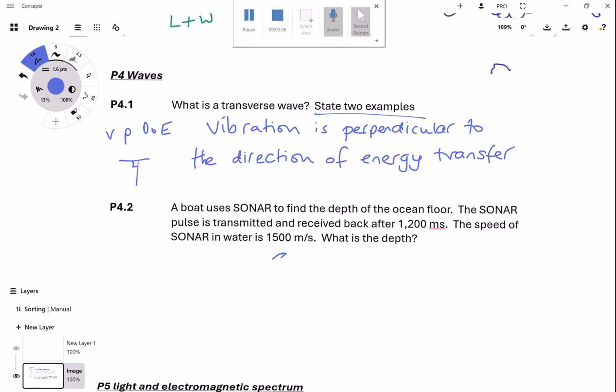And the question says state two examples: light and water waves. There we go.